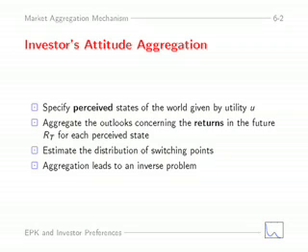In this case, the state of the world is given by the level of utility. So it's another way to aggregate, or you can aggregate in the classical way, which is just maximizing utility subject to some constraints, budget constraints. So that's another way.